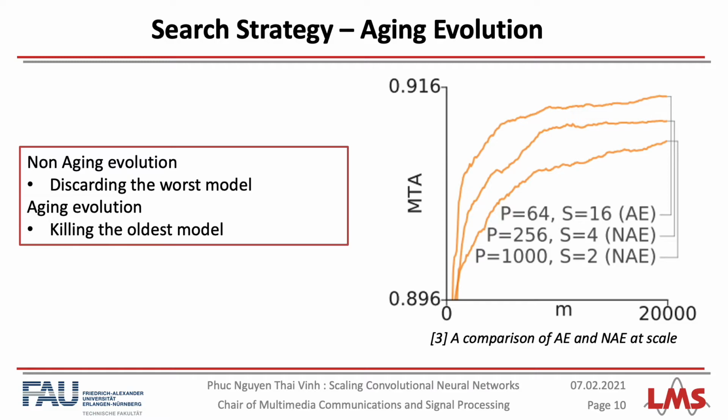If we increase P and S, the performance increases. However, aging evolution performs better, even with a smaller population and sample size. And all of these models are just the baseline. We need to scale them up in order to have better performance.